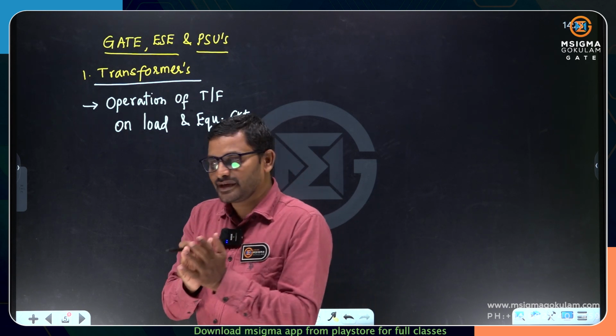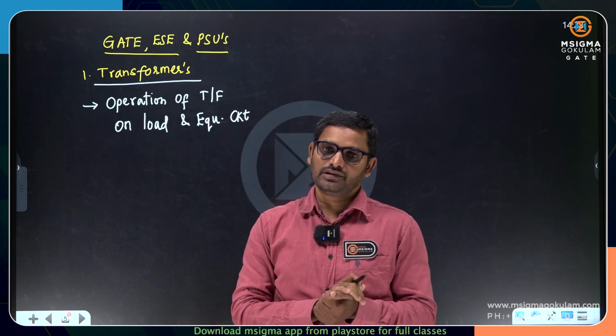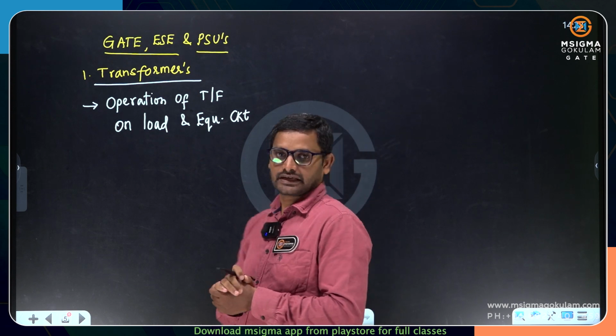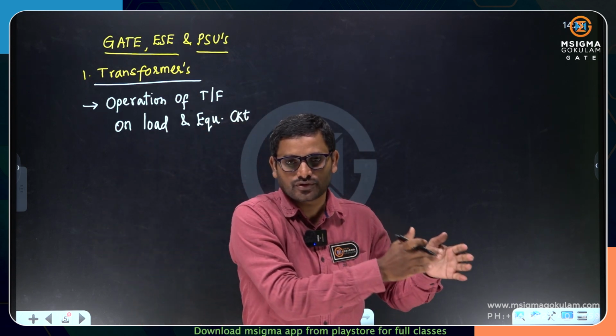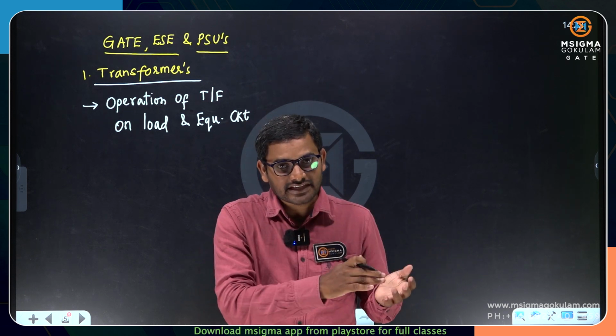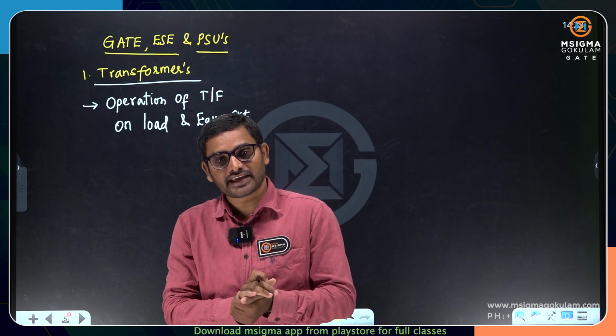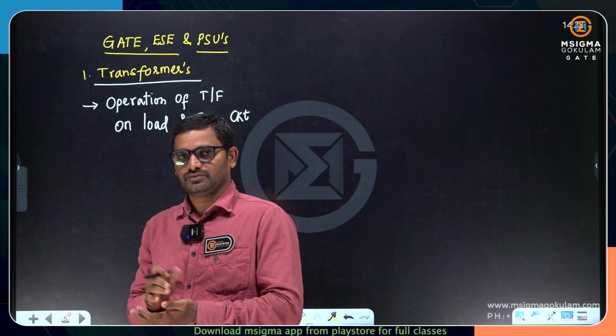So the question will be on load or otherwise the equivalent circuit during the load. Okay, this is a very important question. Like when you transfer secondary parameters to the source side, what will be the changes in winding parameters? Will it be divided by k square or will it be multiplied by k square? That kind of questions you can expect as 1 mark, sometimes 2 marks also.